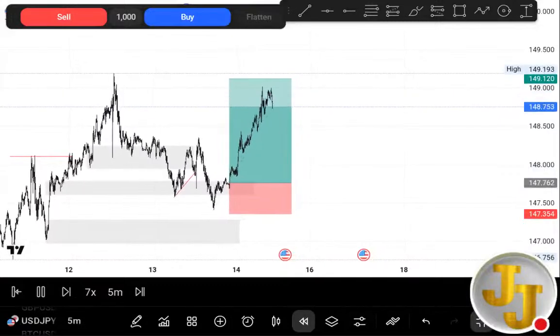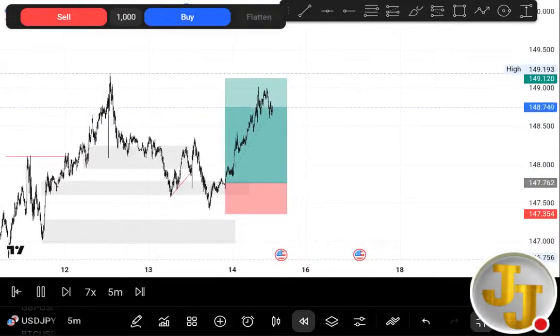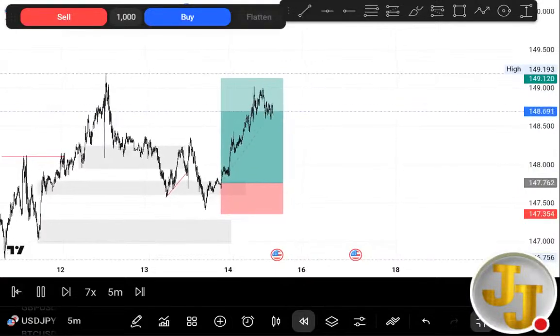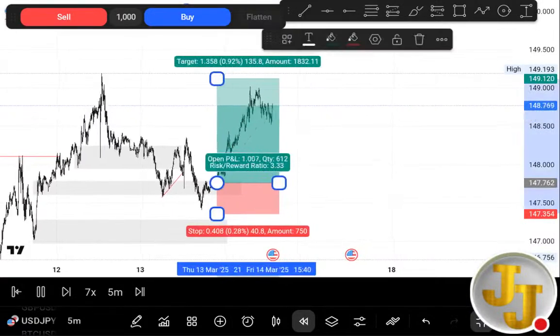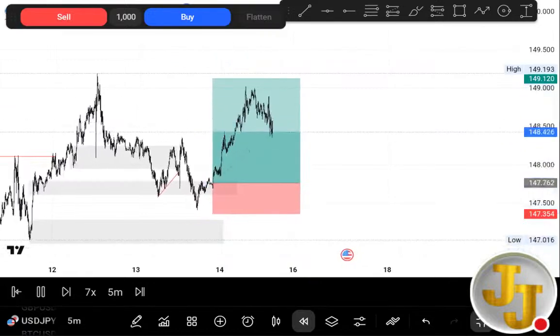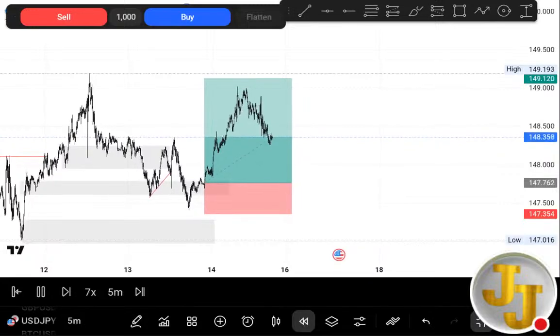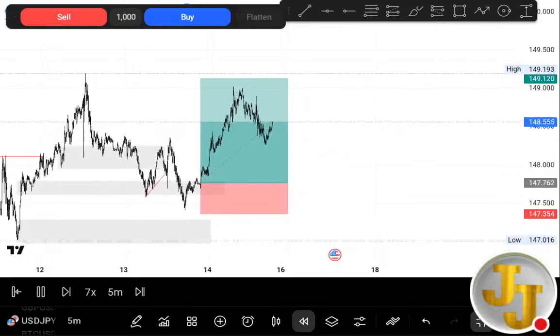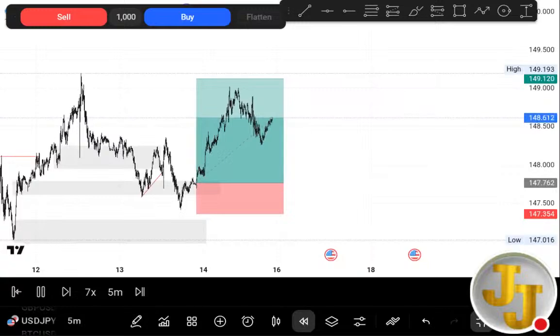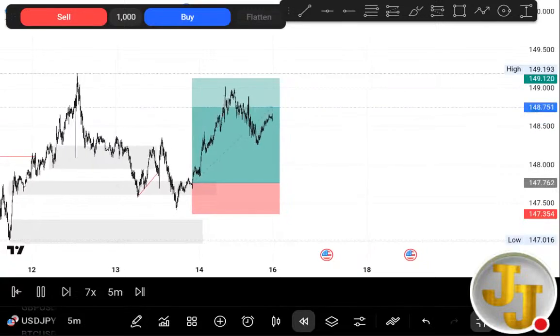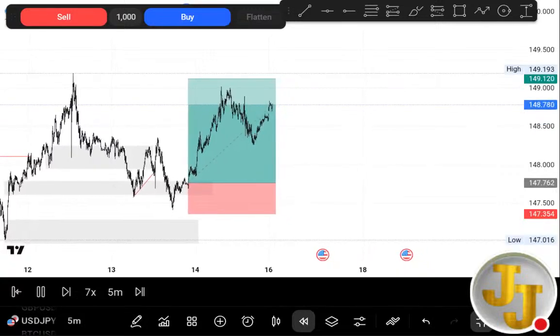Can you see how the market moved? That's why it is better to risk what you can afford. Always the market will come back and give the confirmation, then you enter the market, right?